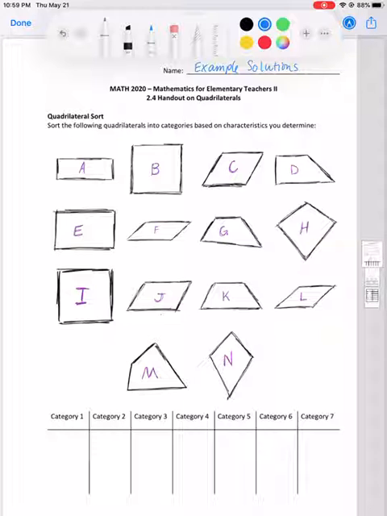Okay, so now that you've tried to sort these with characteristics that you determine, you have many figures that look like they're similar. For example, upon my investigation here, we have A, B, E, and I. All of them have four right angles.